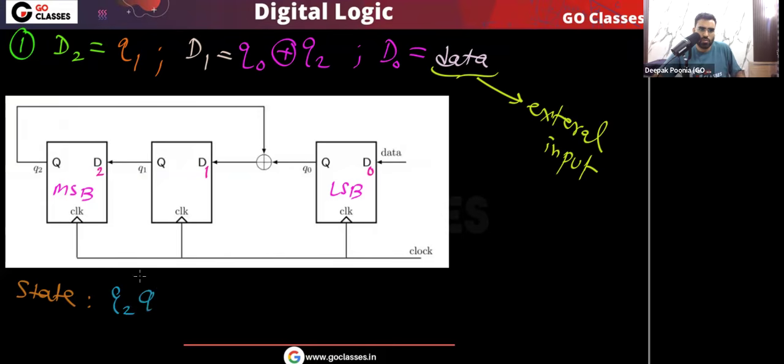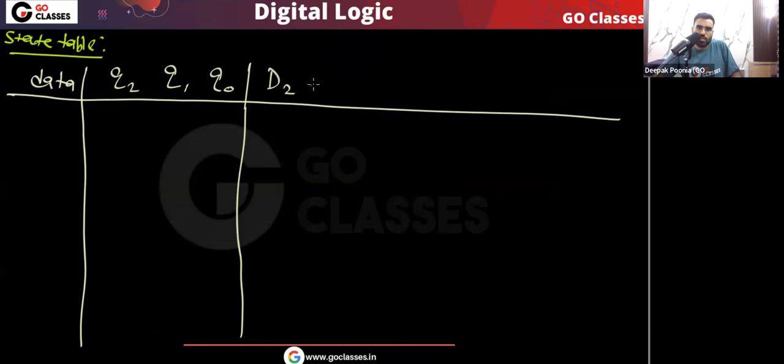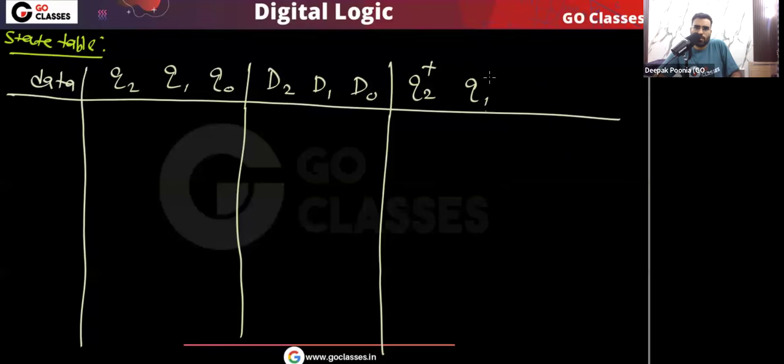This is how state is represented, where Q2 is MSB. And then flip flop inputs. What are those? Those are D2, D1, D0. Then you can see next state, that is Q2 next, Q1 next, and Q0 next. Okay, that's it. Very simple.